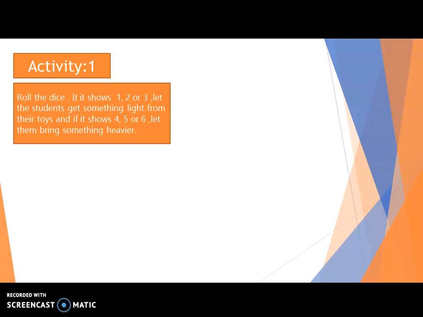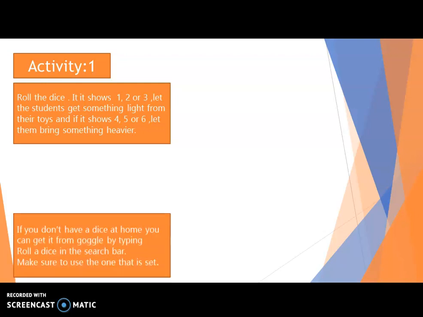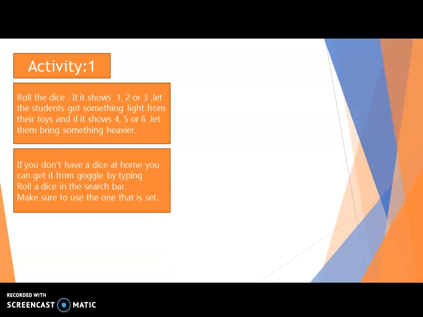If it shows 1, 2, or 3, you need to get something that is light from your toys. And if it shows 4, 5, 6, bring something heavier.